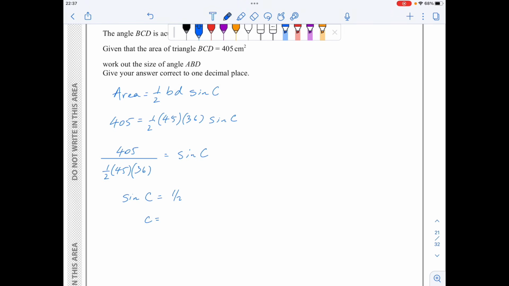Hence, C is the inverse sine of 1 over 2, which comes out to be 30 degrees.